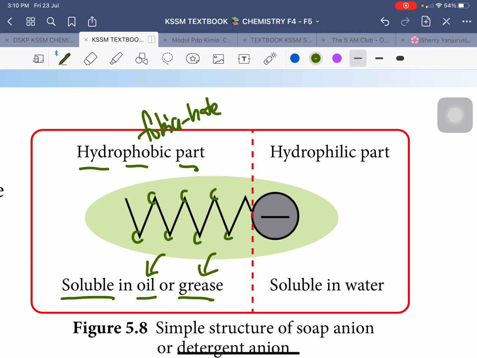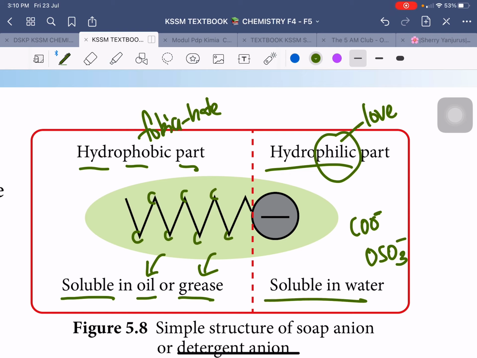And then the kepala part, which is the COO kalau sabun ataupun OSO3 kalau detergent, that kepala, that is hydrophilic part. Diorang suka air. Philic is a Greek word. It means love. Okay, philic, I philic you. Okay, I philic water. I love water. Itulah kepala dia. And it's soluble in water.